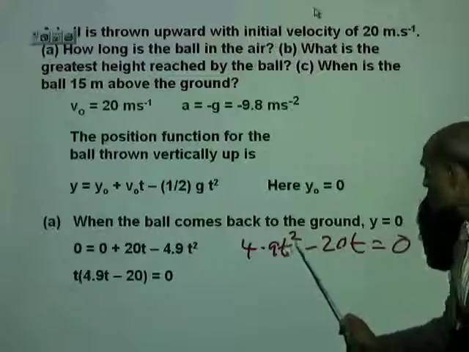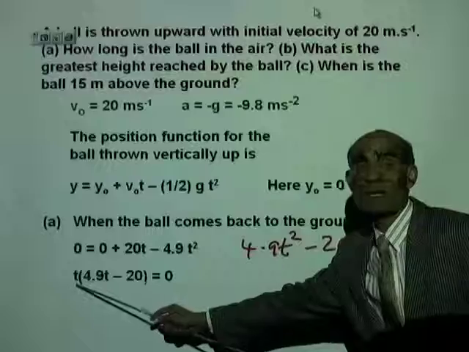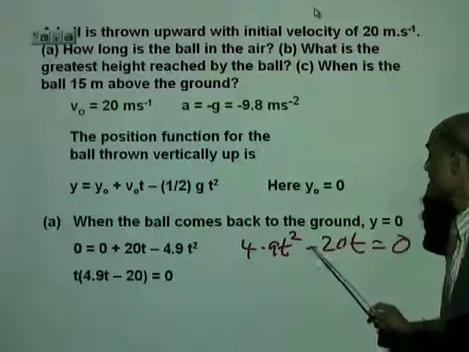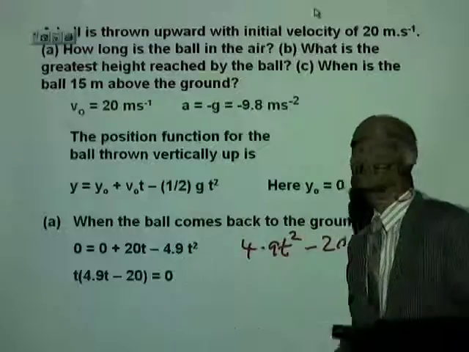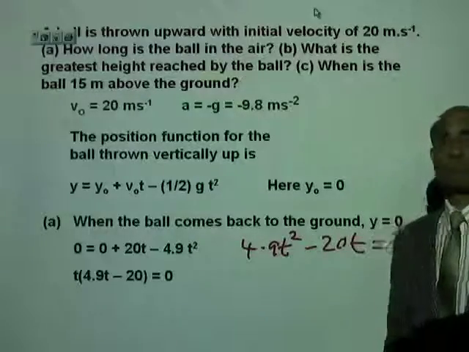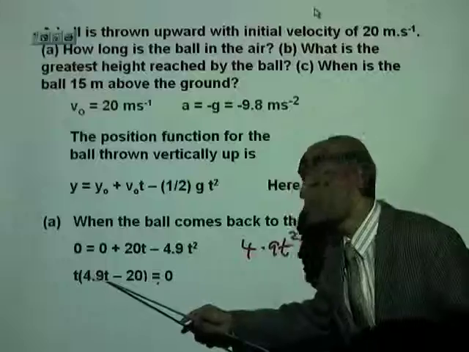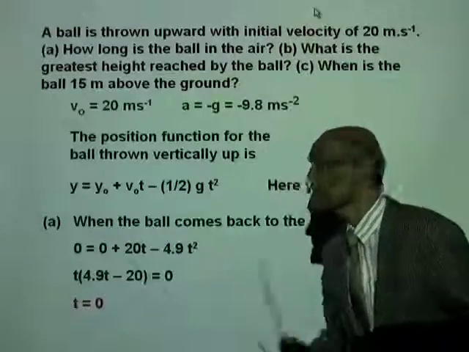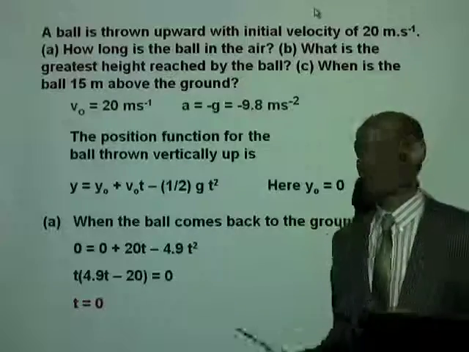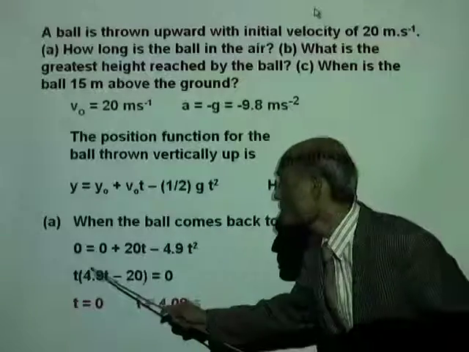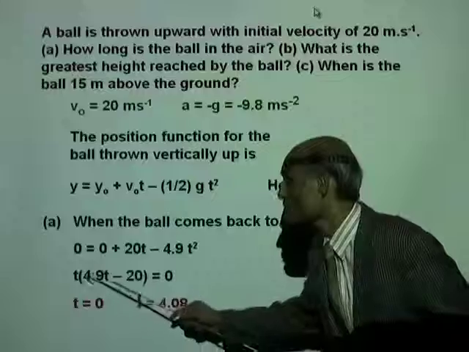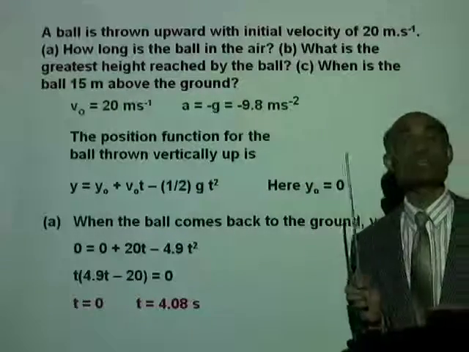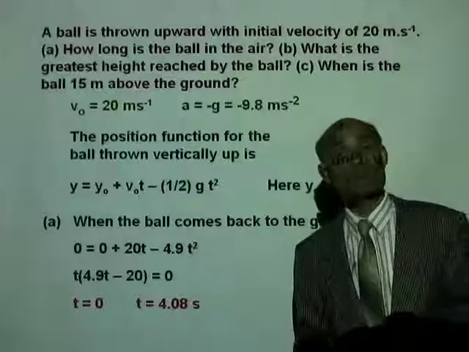And then I factored out a t from there. It gives me t times 4.9t minus 20 equal to 0. And now set each factor to 0. It gives you the first value of t is t equal to 0. And the next value, you set this factor to 0, 4.9t minus 20 equal to 0, and solve for t.